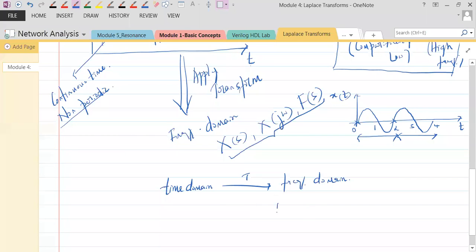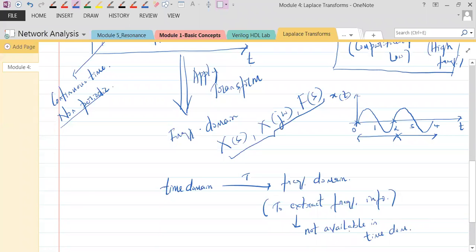To extract frequency information, which is not available in the time domain. Understand that? So this is the introduction regarding the transforms.